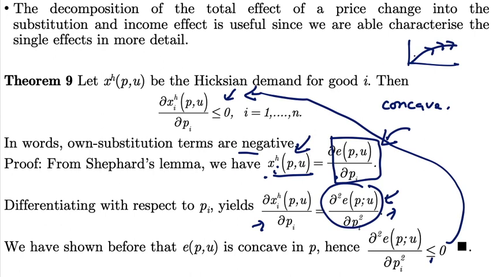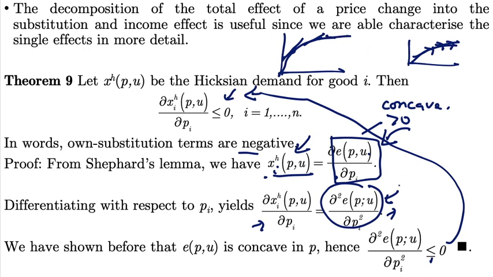When it is concave, the slope is positive, so this one is positive. But when you differentiate it once again, let me draw it properly. When it is concave, you can see when you move from here to here, the slope is still positive but it becomes flatter and flatter.